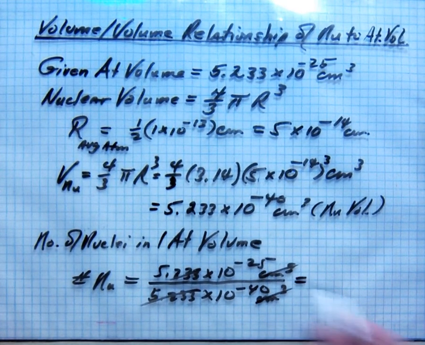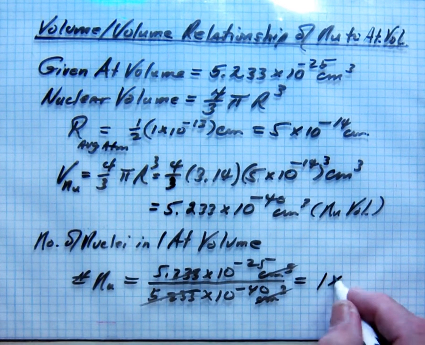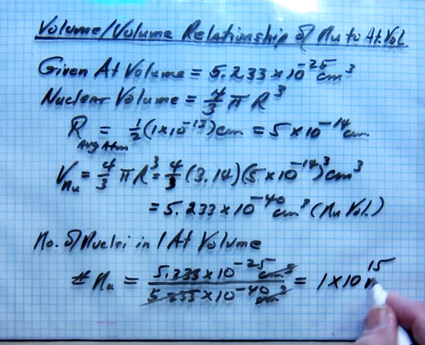And that coefficient drops off. So we really have 40 minus 25, so that is 1 times 10 to the 15th nuclei per atomic volume.